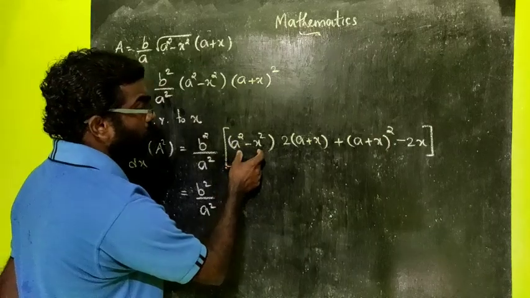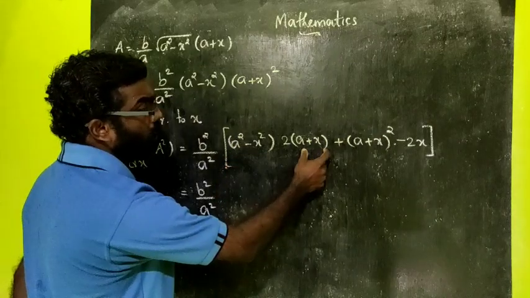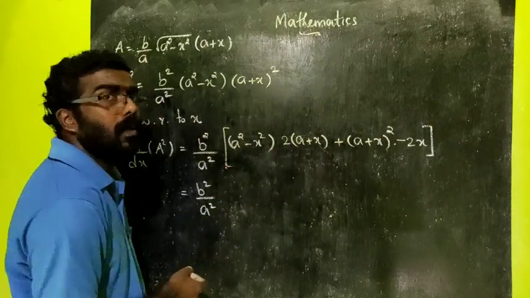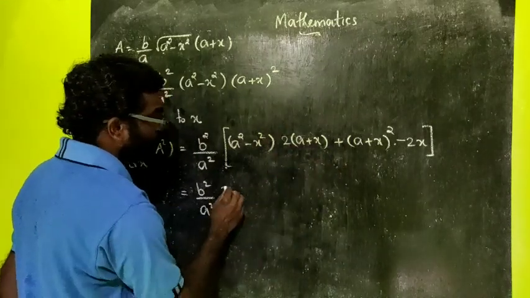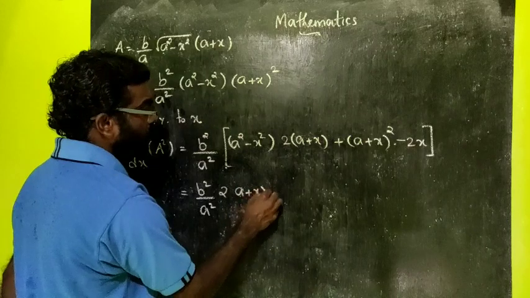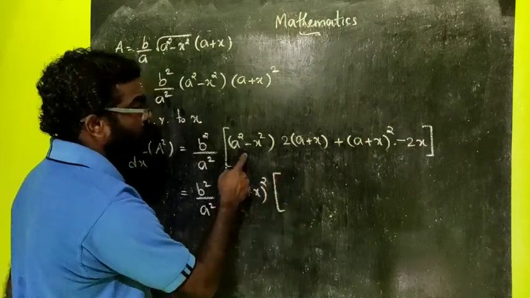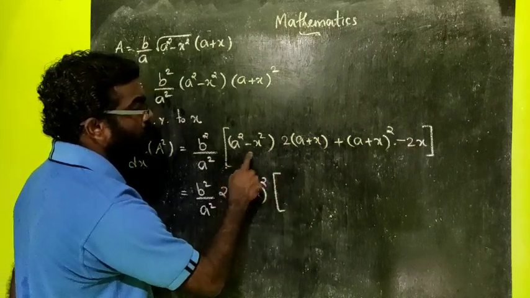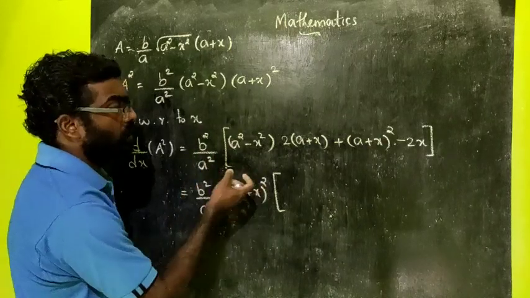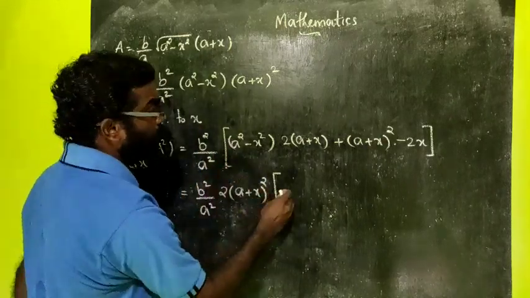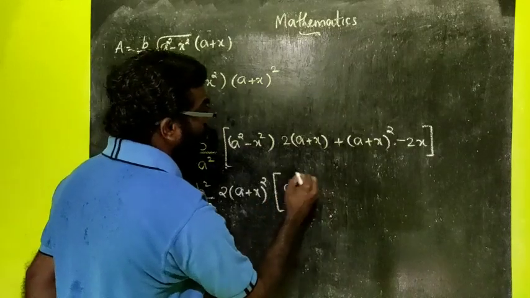So here we got on a plus x, here also on a plus x. So a plus x the whole square we can take it common. On 2 also common. So 2 into a plus x the whole square is common. Here after applying the identity, the remaining is a minus x. A plus x into a minus x. That a plus x we take it out. So a minus x. A minus x.